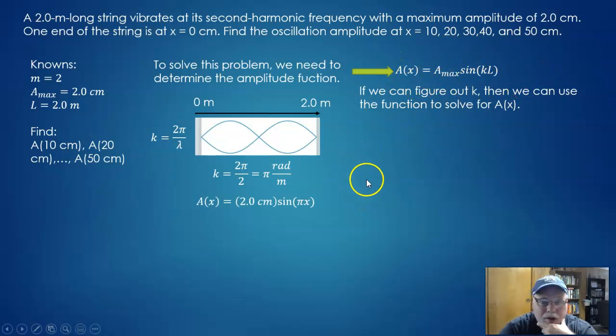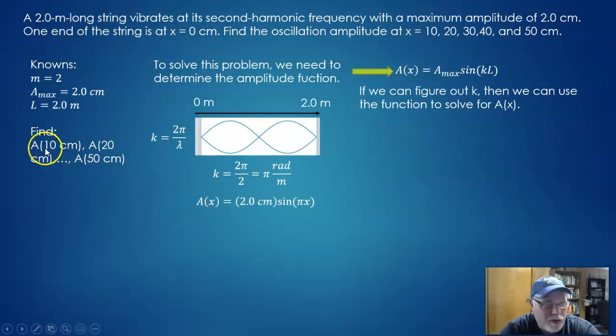And so now what I'm going to do to find the oscillation amplitude at these various x's is I'm just going to substitute that into my equation down here and calculate it out. But now I need to be careful. This 2 centimeters is fine. It's out front. But this pi that we calculated has meter terms in it. So if I'm going to use this equation, I need to turn my 10 centimeters into meters. I need to change my units.